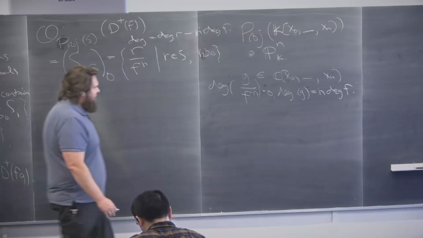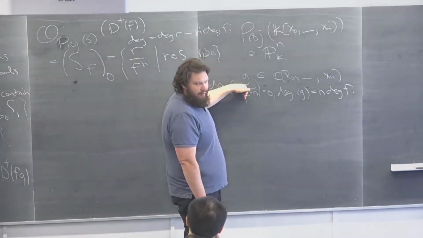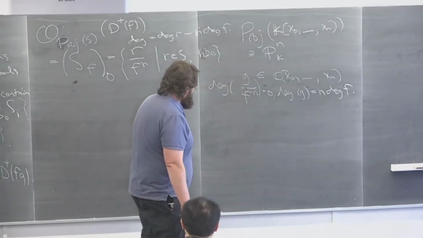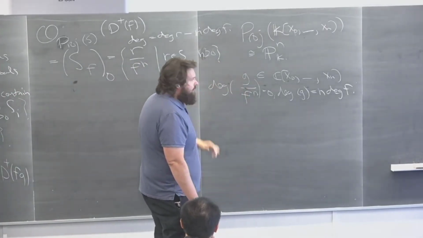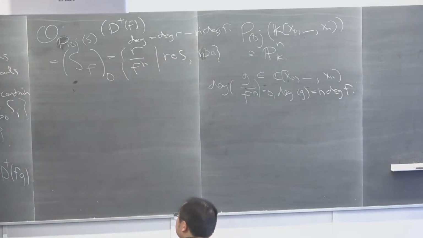Here, even in the complex world, this G isn't a function, it's something else. And in order to get something that is a true function, I have to take the ratio of two things of the same degree, which is why I end up with degree 0 here. Okay.